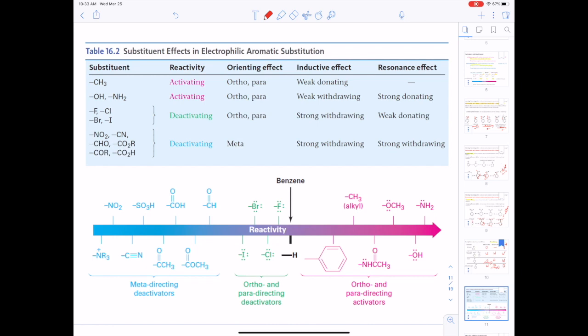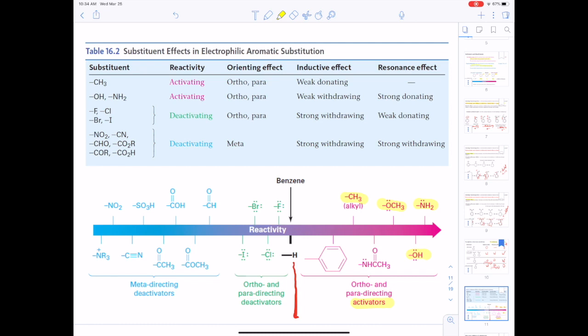So we have this line here. We're just talking about activation, deactivation. These are activators. So you have things like alkyl groups that inductively donate, things with lone pairs like an oxygen or a nitrogen with its lone pair. They donate through resonance.